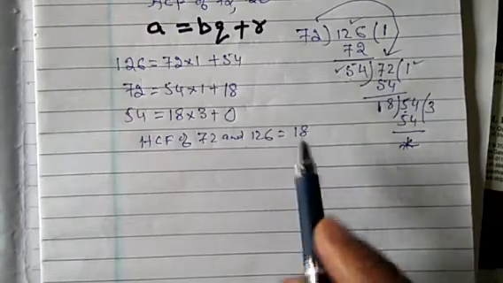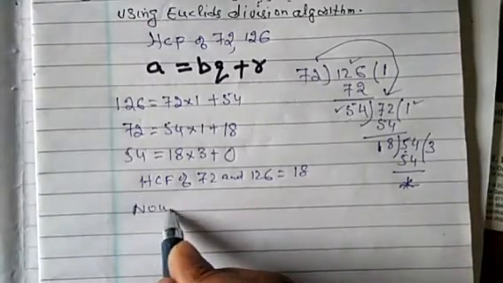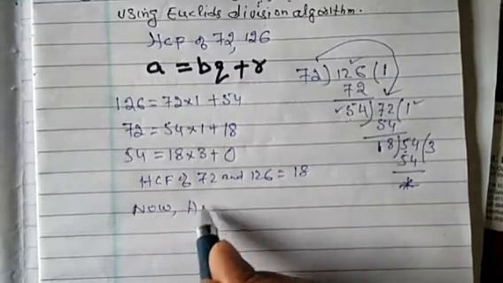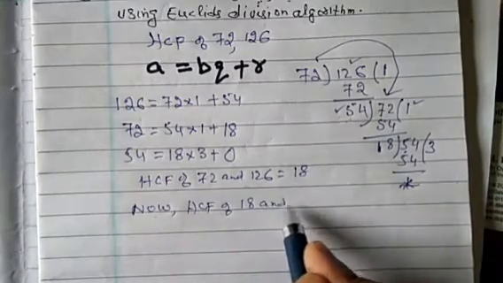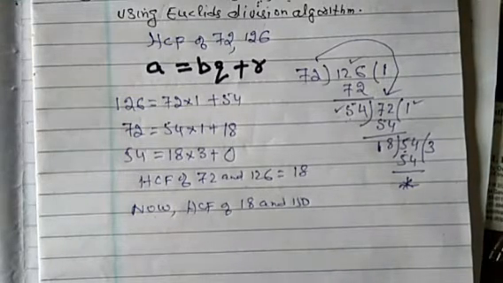This SCF you have got. Now you find out the SCF of 18 and 150. I have to find out the SCF of 18 and 150. So now how will you do?